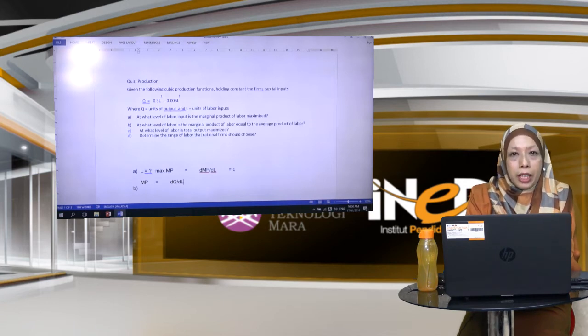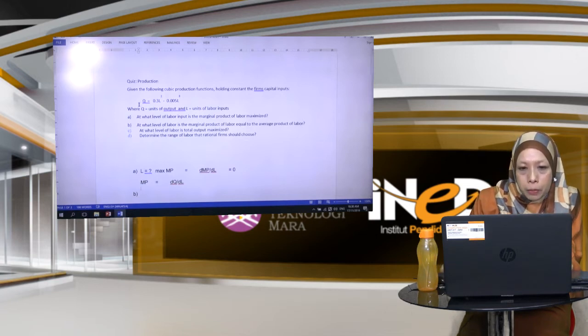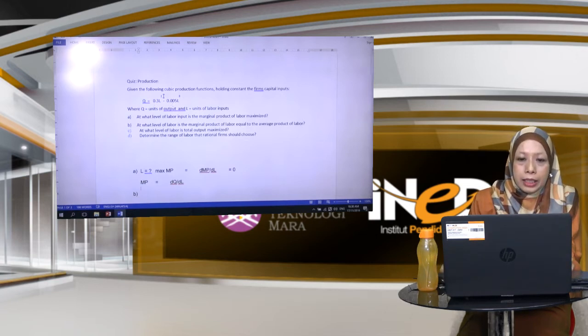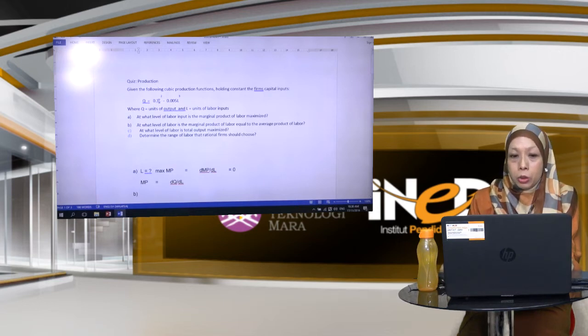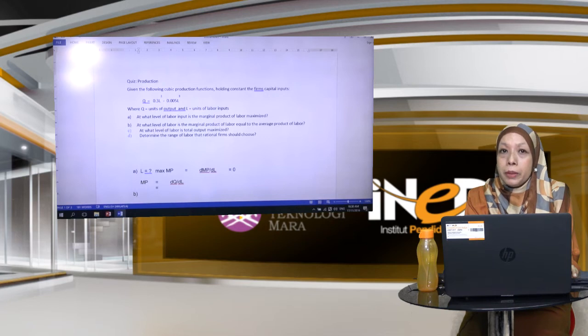So to find marginal product, you differentiate the Q function with respect to L. Looking at the production function, you can see that it has exponents, so you have to use the power function rule. When you differentiate 0.3 L squared, you bring down the exponent 2, write down the original function and reduce the exponent by 1.